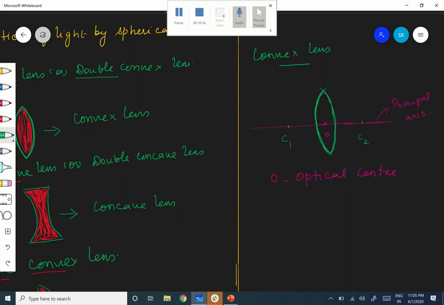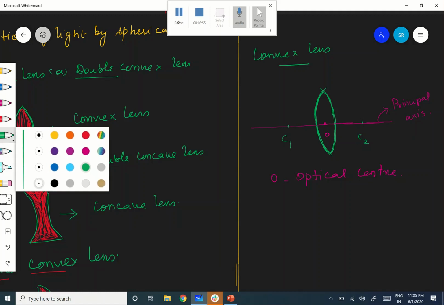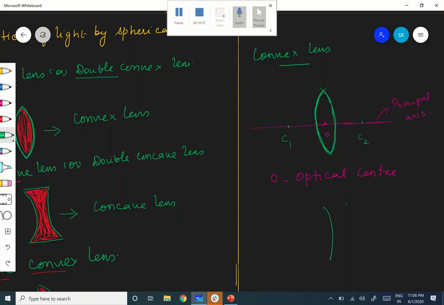Like that, the concave lens is also the same thing. If you are doing the concave lens, see, this is a concave lens. Now here, this surface is nothing but a part of a sphere. It has some center.